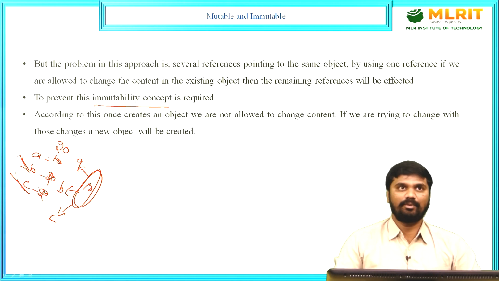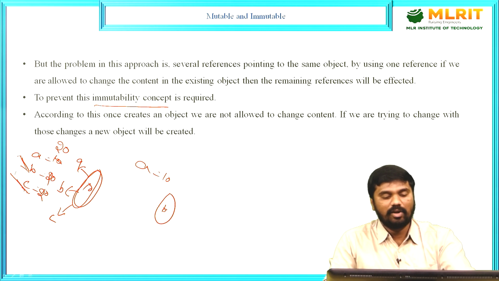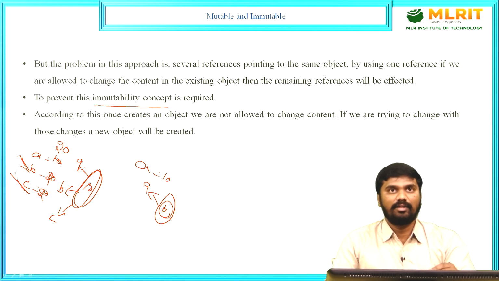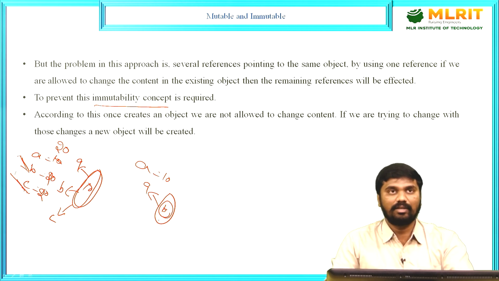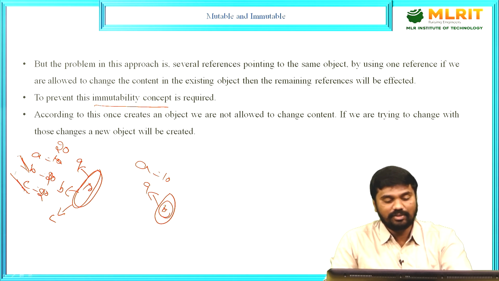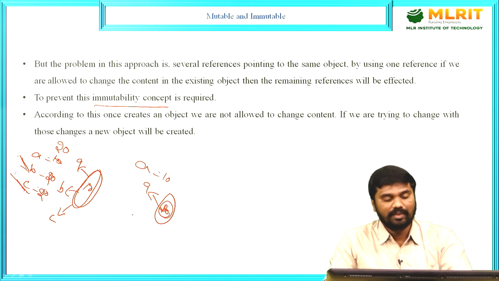What is the immutability concept? Once an object is created, we are not allowed to change the value of the object. That means once you create an object, we cannot modify its value. If you try to change the value of the object, for example to 20, then a new object will be created.